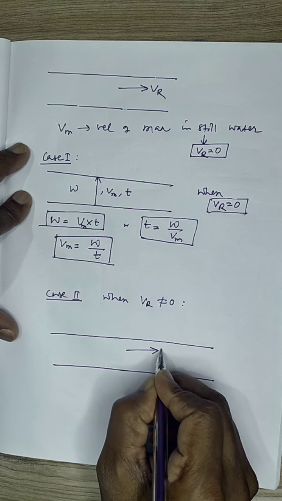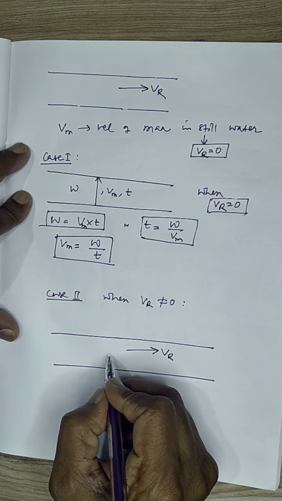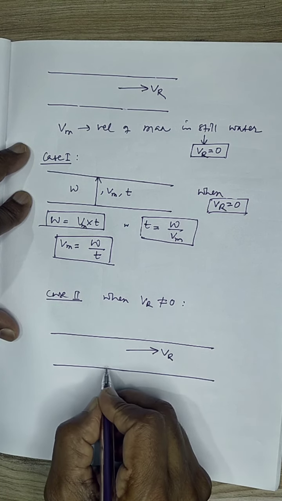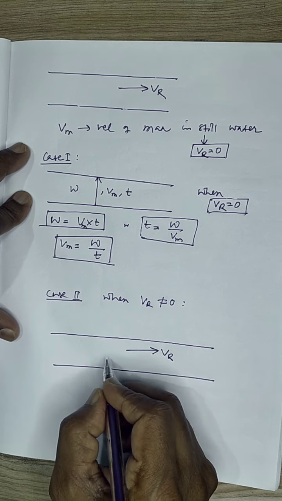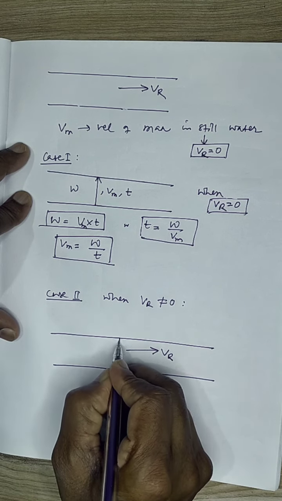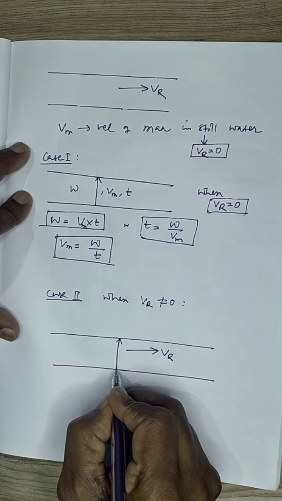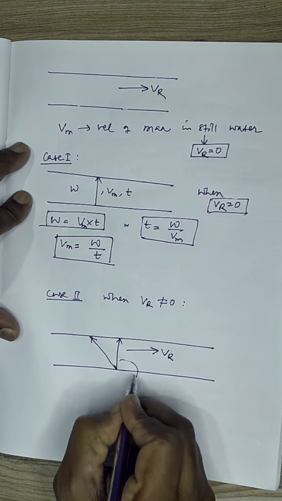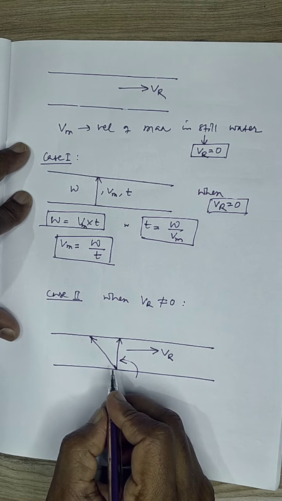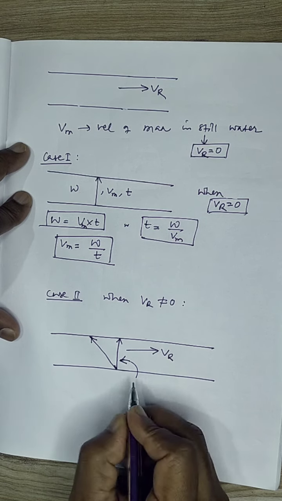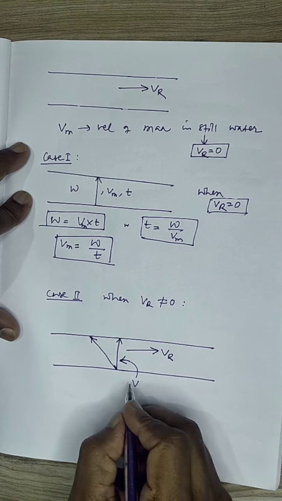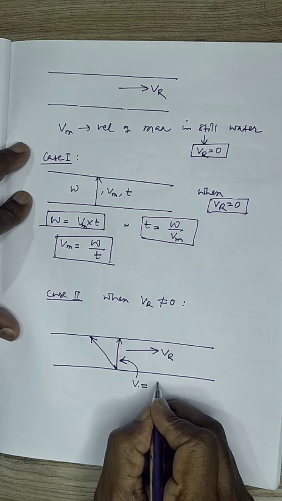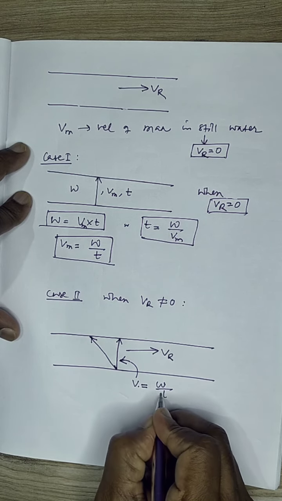Let Vr be the velocity of river and Vm be the velocity of man. The relative velocity V will be W by t.